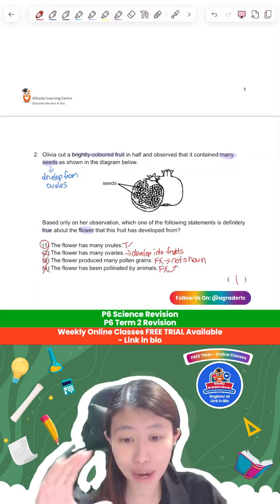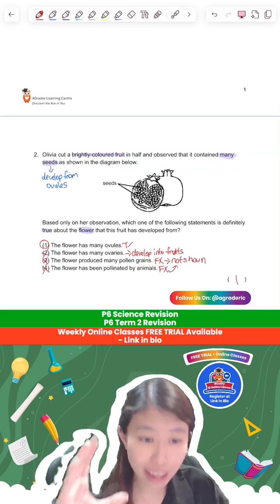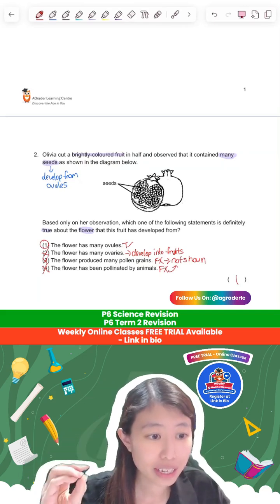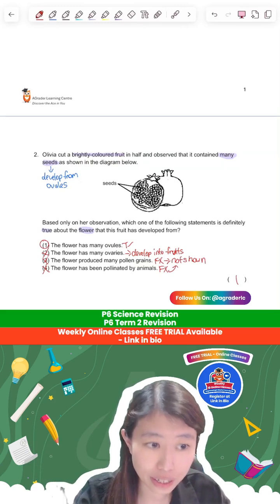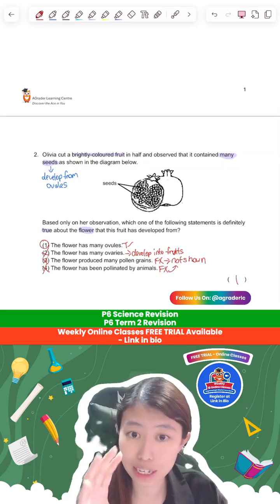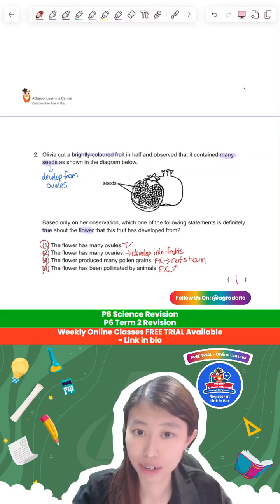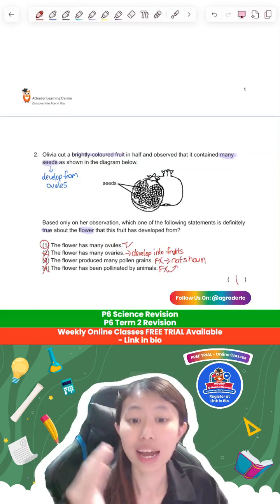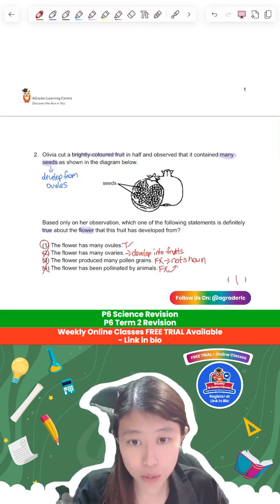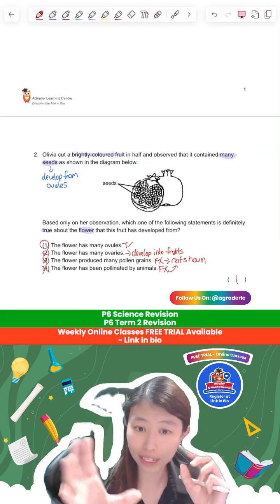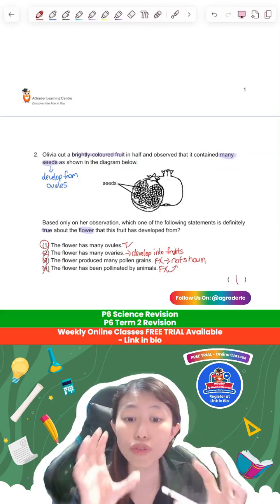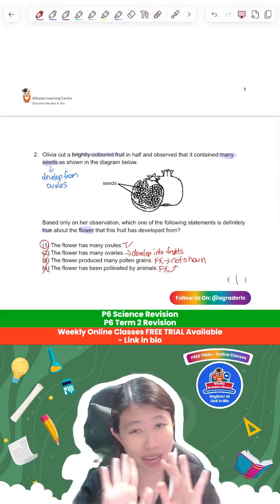Having brightly colored fruits does not tell me that it is pollinated. It shows me that it is most likely dispersed by animals. Take note, pollination and dispersal are two different things. Don't mix them up together.